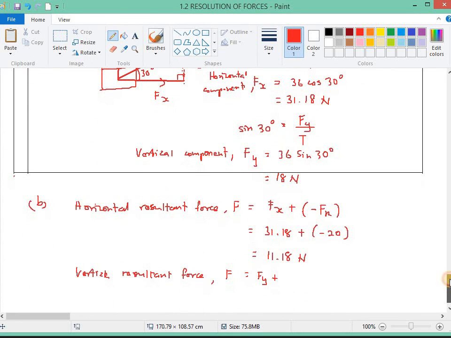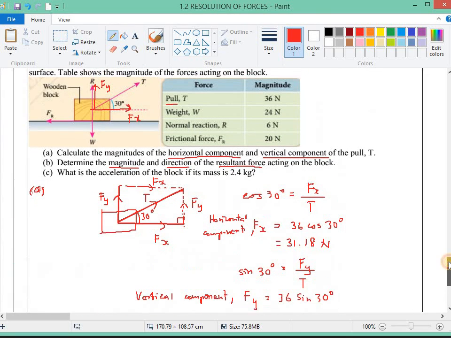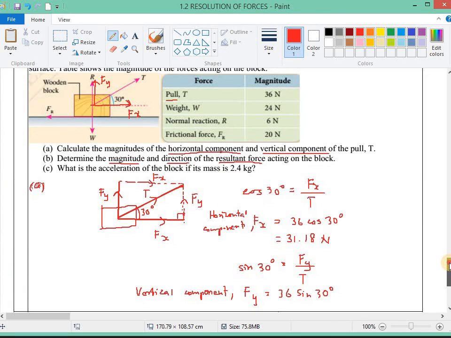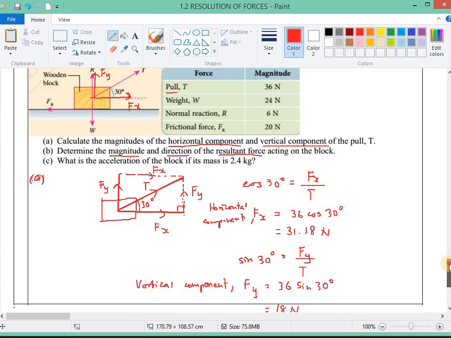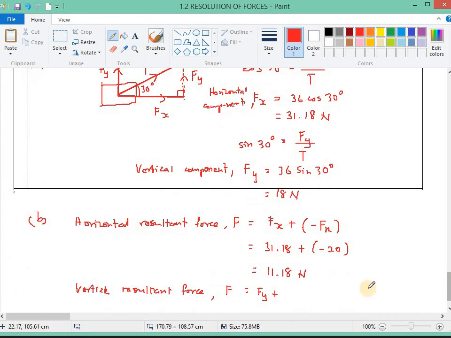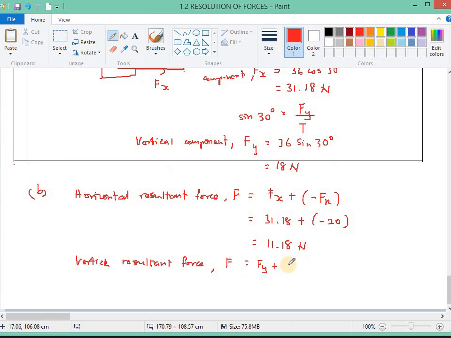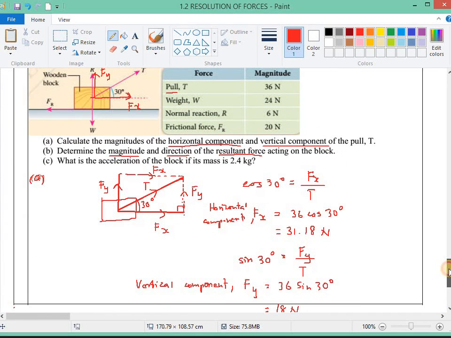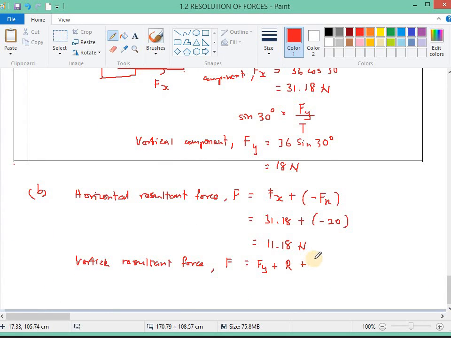Okay, vertical resultant force will be Fy plus the reaction plus the weight, negative 24.